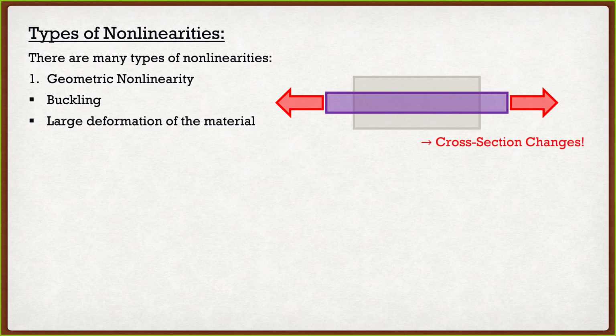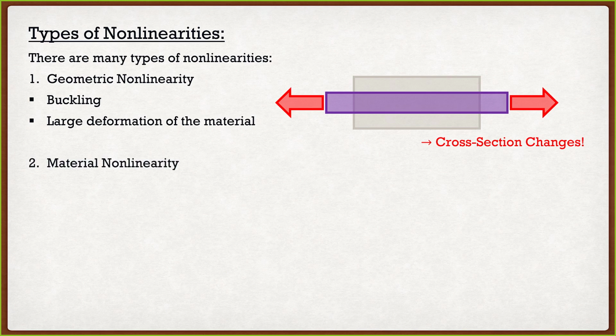Now, that cross-section just changed. But in our equations before, we didn't take into account the fact that that cross-section is changing. We dealt with the initial position of the bar, the initial geometry, and we used that throughout our whole analysis. But if we're getting to the point where things are starting to change, we actually need to take that into account. All right, so that's the first one.